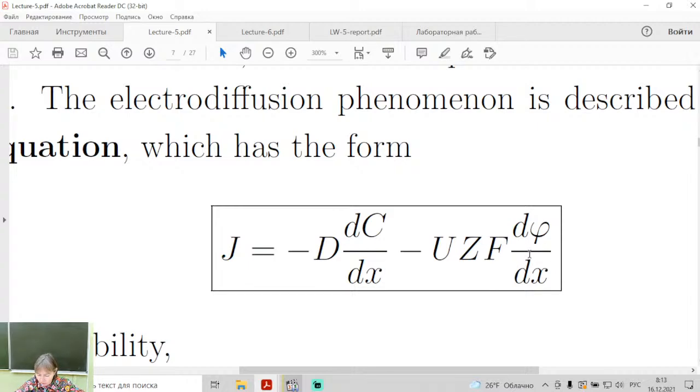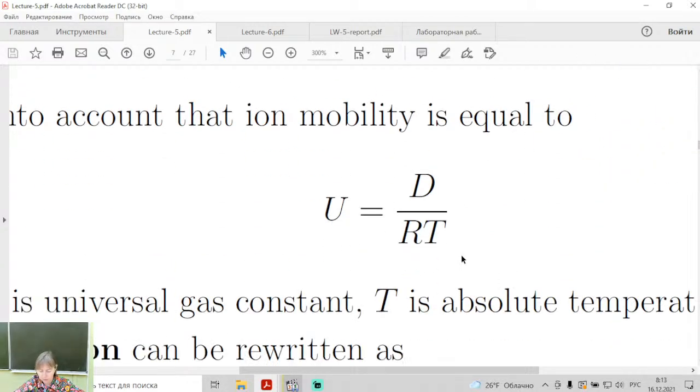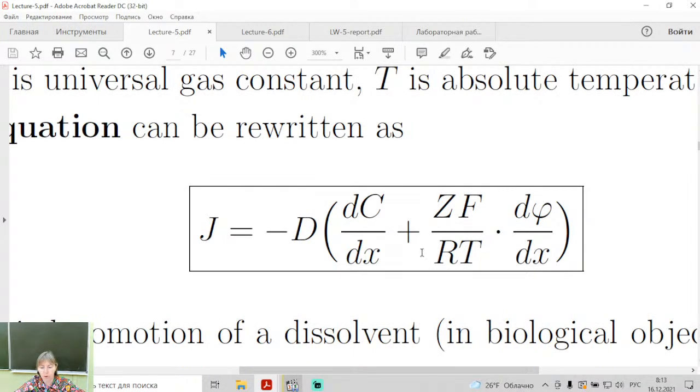Taking into account that ion mobility is equal to D divided by RT, where R is the universal gas constant and T is the absolute temperature, the Nernst-Planck equation can be rewritten in this form.